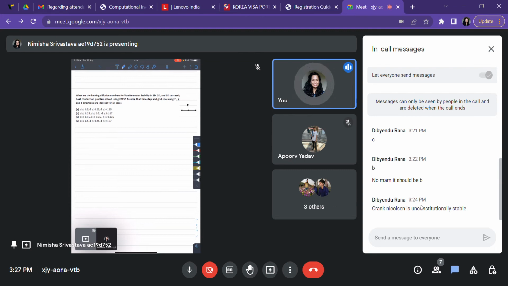What are the limiting diffusion numbers for von Neumann stability in 1D, 2D, and 3D unsteady heat conduction problem using FTCS? So this is the stencil for FTCS. I have 3 points in space and 1 point in time. Now it's asking me 1D, 2D, and 3D. For 1D, it's pretty simple.